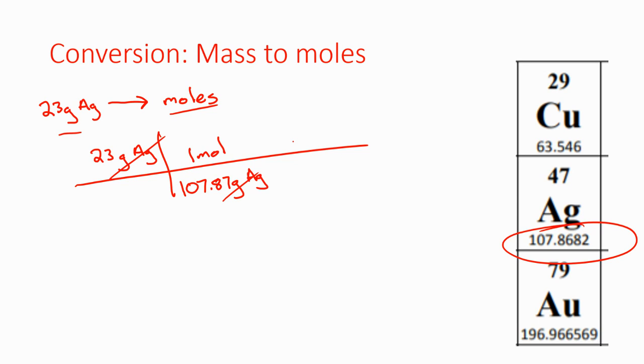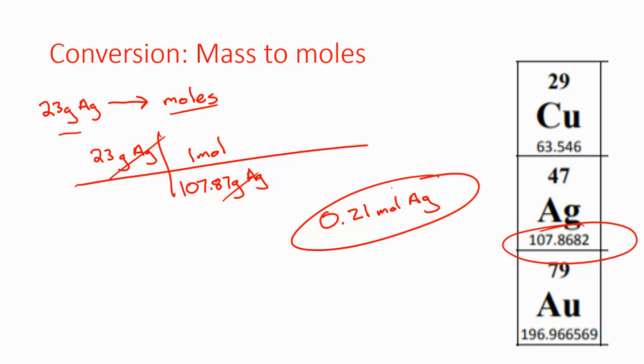So on my calculator, I'm going to say 23 divided by 107.87, and I get 0.21 moles of silver, just like that.